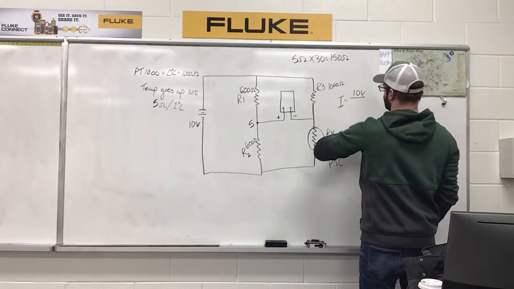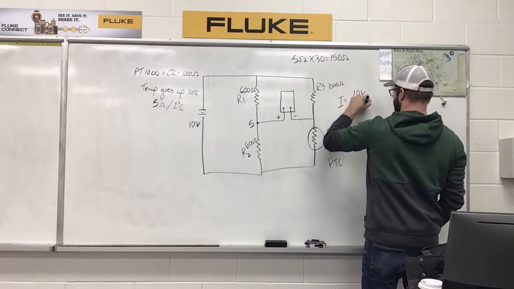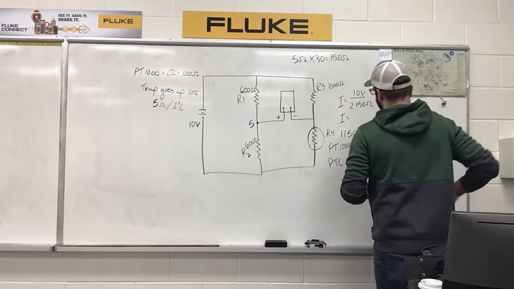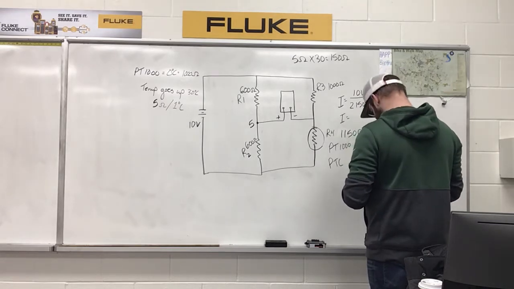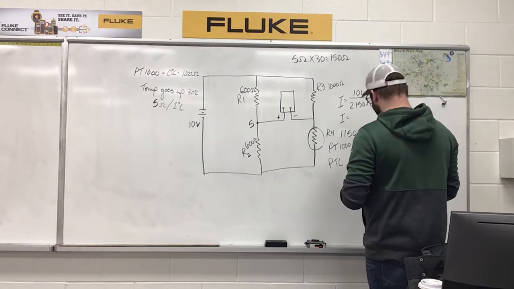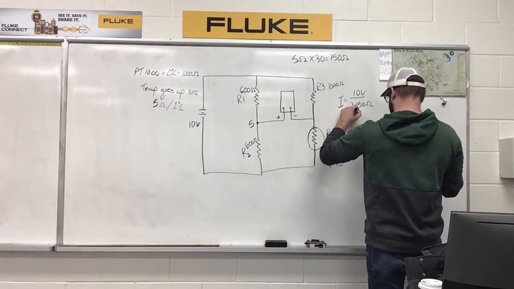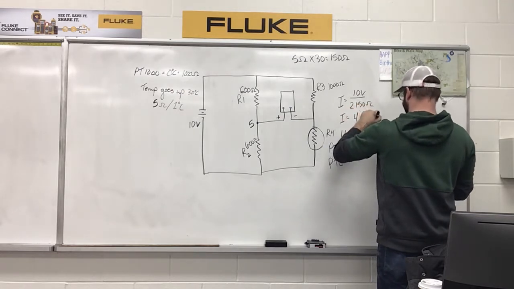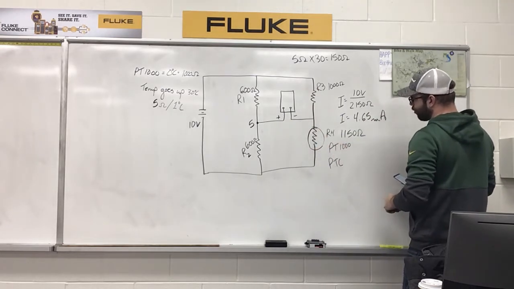So 10 volts divided by 2,150 ohms, which is the sum of the two. 10 divided by 2,150 gives us a current of 4.65 milliamps, and that current is going to go through resistor 3 and resistor 4.